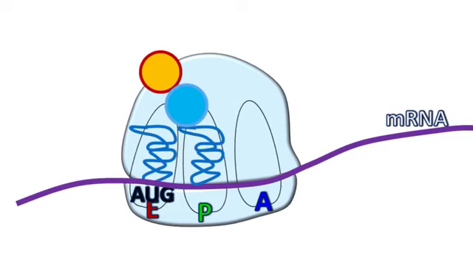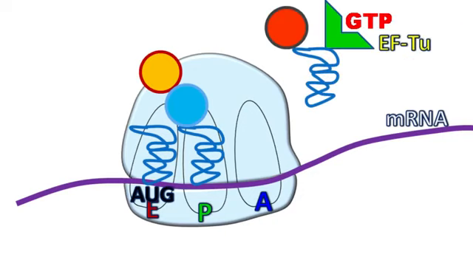The elongation of translation continues till the stop codons are reached.